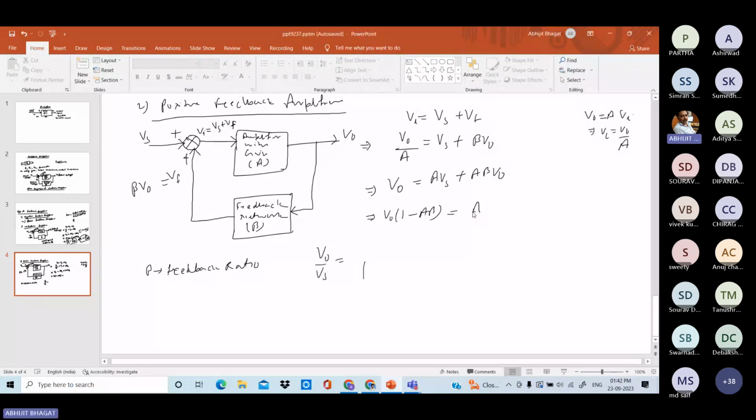And this is equal to AVs. So V0 by Vs is equal to what? V0 by Vs is equal to A divided by 1 minus A beta.